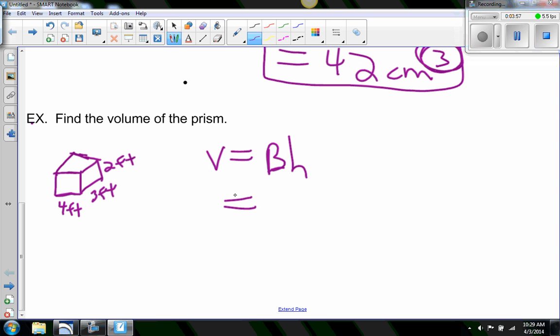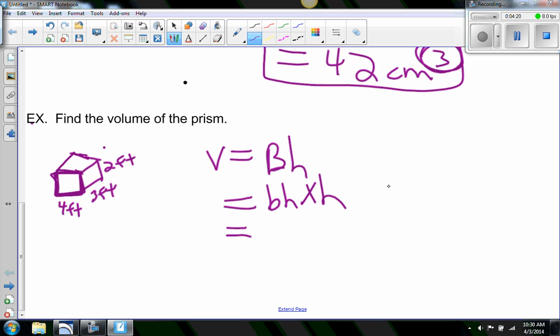This is the easiest type that there is to do. Rectangular prism. All you have to do, the big B means base and height of the base, right? So right here is the base. How do I know that one's the base? Because there's one on this end, one on this end, and this is going to be the height, right? And it actually doesn't even matter, because any way you do it, it's going to end up being correct.